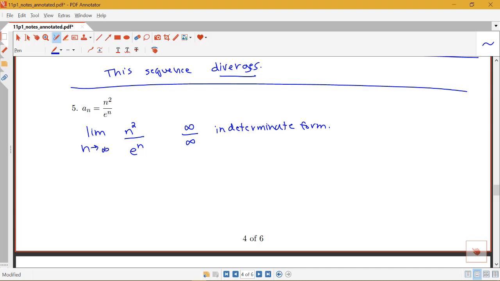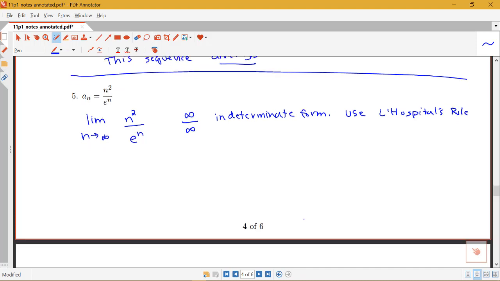But remember, the n's we have when dealing with sequences are just integer valued. And L'Hopital's rule involves taking a derivative, so I need to be working with a function. So we want to use L'Hopital's rule, but first define a function, just so we're clear on what our variables are actually representing, since n is just integer valued.